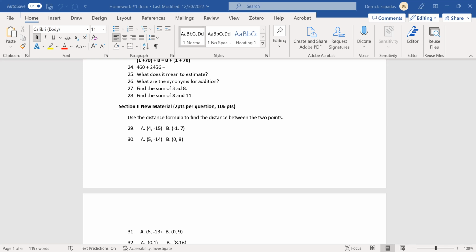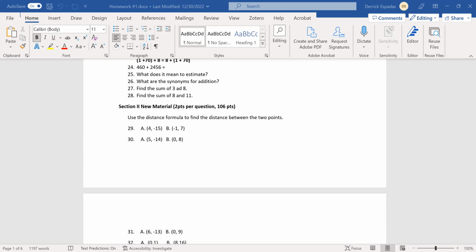Let's keep moving forward. So 3 is going to be our x1. Y1 is 4. Our x2 is 0. Yay. And our y2 is 8.